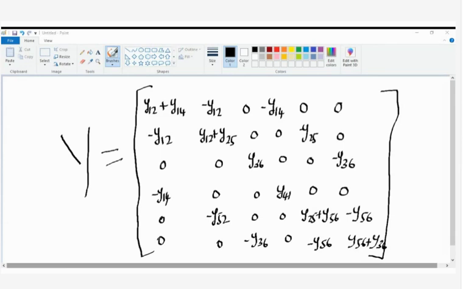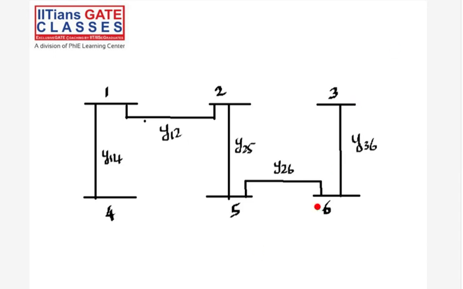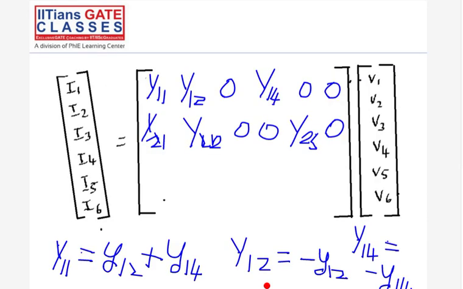There's no connection between 3 and 6. There is a connection between 3 and 6, right? Yeah. So you guys all got that solution, right?